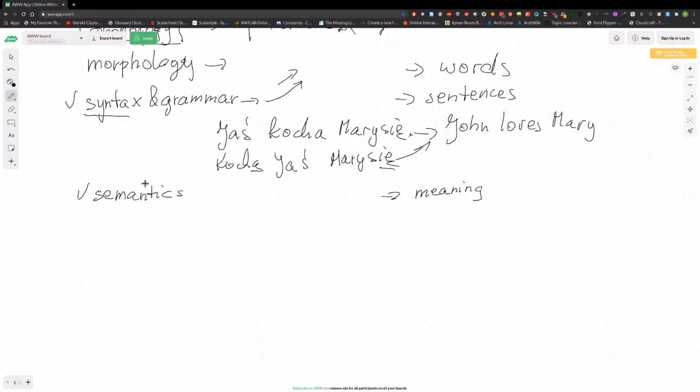So the studies of semantics and study of syntax and grammar bear the most importance here for the NLP. But not only that. Pragmatics, which is another level, is again the study of meaning in context.